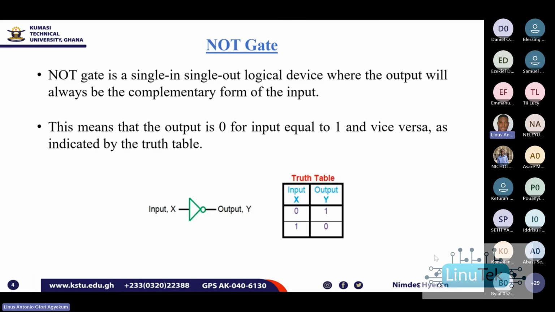What this means is that since we are dealing with binary, inputs are bits, either zeros or ones. So if the input to a NOT gate is 1, the output will be 0. If the input is 0, the output will be 1. That is the logic behind the NOT gate.